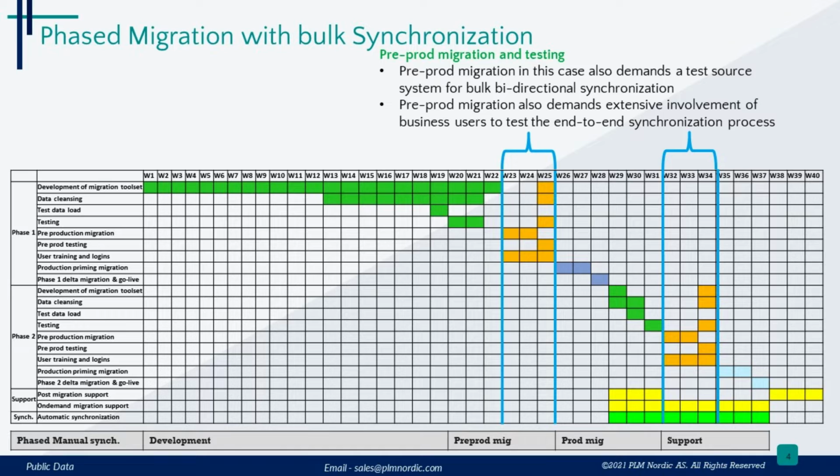Moreover, the pre-production migration demands active participation from business users who are essential for testing the entire synchronization process from start to finish. Their involvement is extensive and critical in validating the end-to-end synchronization, ensuring that the migration aligns with business requirements and functions seamlessly.